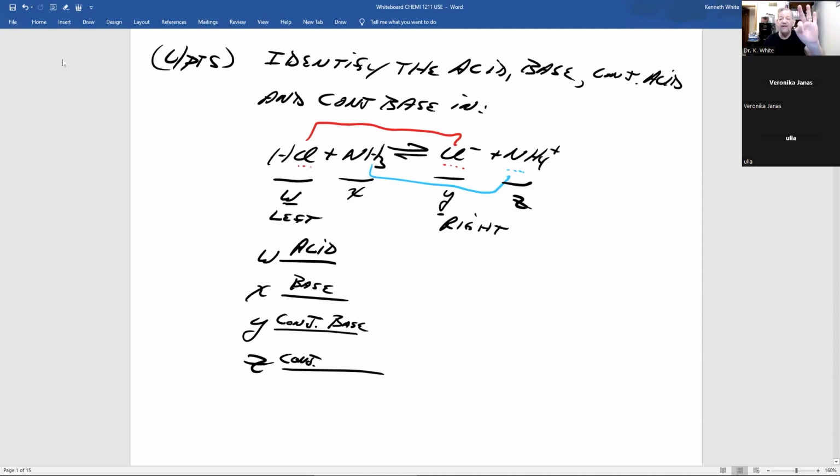Went from 4 to 3. And it donated a proton. Lost one. What's a proton donor? An acid. And Z is the conjugate acid. And you should know how to do this.